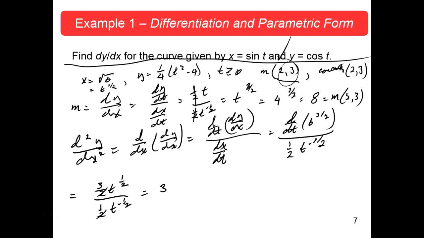Everybody agree with that? Okay. And what's t to the 1 half divided by t to the minus 1 half? T. Perfect. And what t are we dealing with? 4. And so the concavity here, which is the second derivative when t is equal to 4, this would be 12.